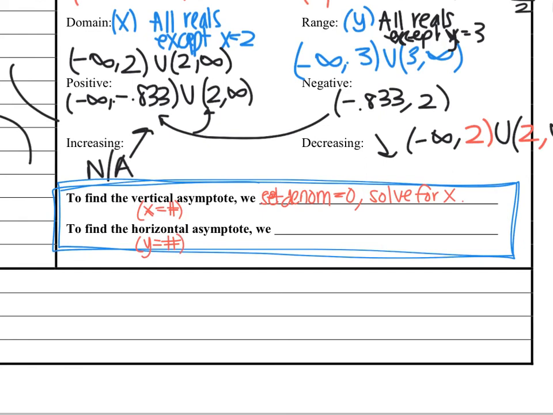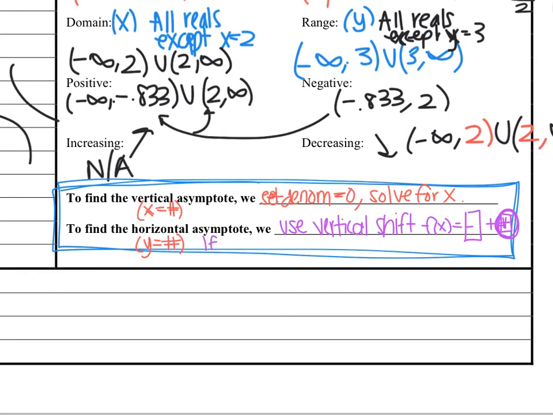So for the horizontal asymptote, what we do is we take either option 1, the vertical shift. In case you're wondering, we have that equation f of x equals some fraction and then plus some number. That number is your vertical shift. Okay?